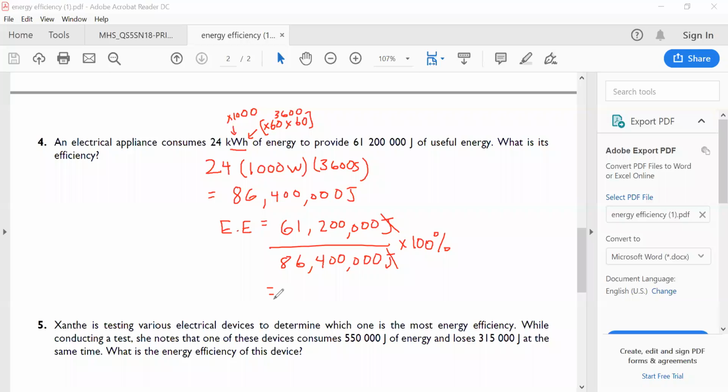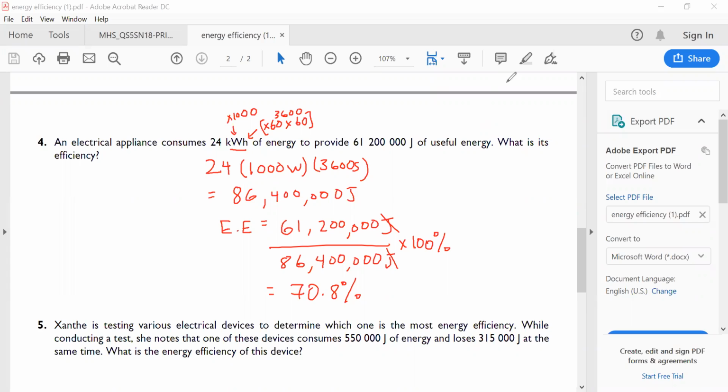So 61,200,000 divided by 86,400,000 times 100% ends up giving you an efficiency of approximately 70.8% if we round this off to 1 decimal place, or the tenths position. So a little more difficult with this question, but nothing that you can't handle.